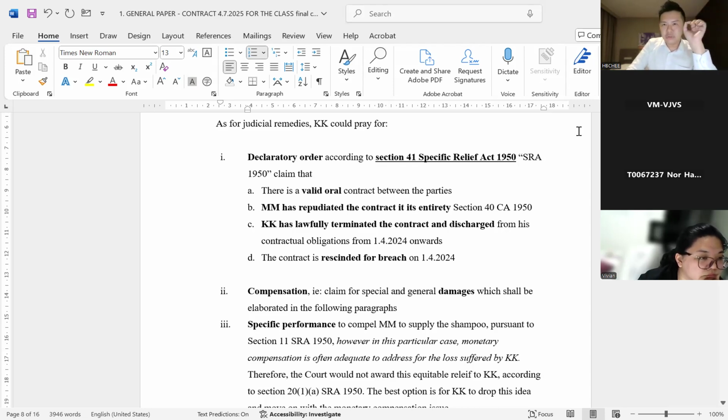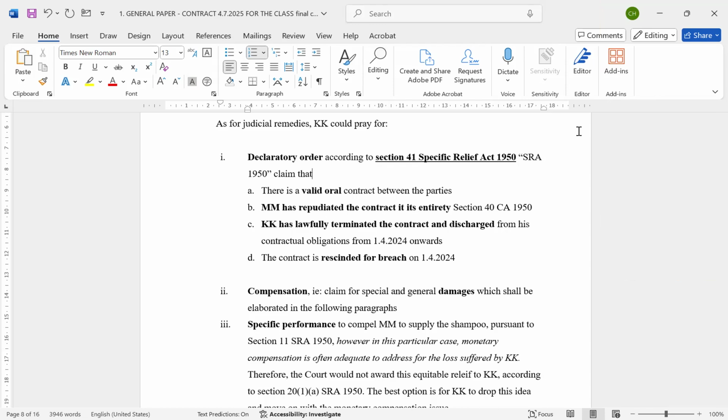So first, in your prayer, pray that there is a valid oral contract between the parties. And second, you must pray that MM has repudiated the contract. If you are not familiar with the term, you can use fundamentally breached the contract in its entirety.